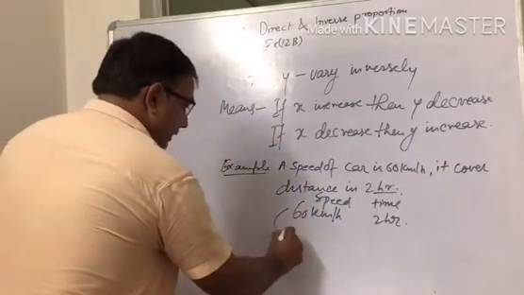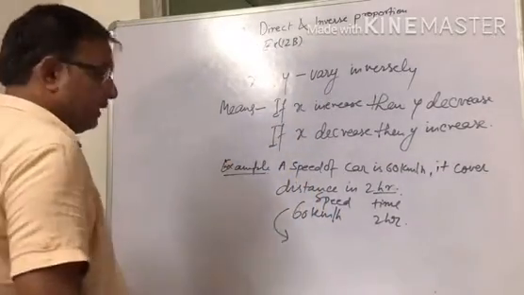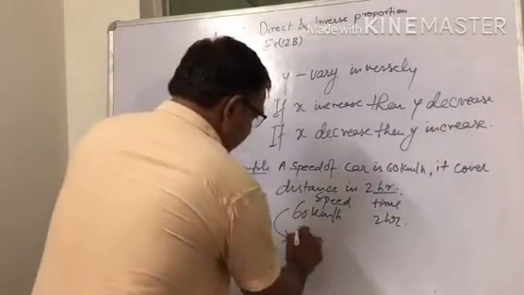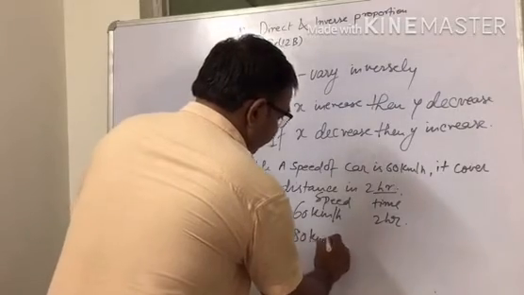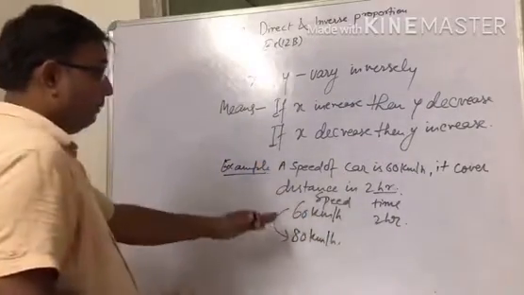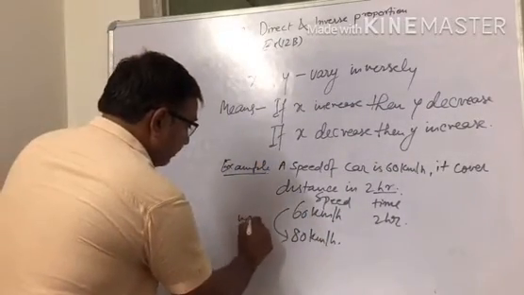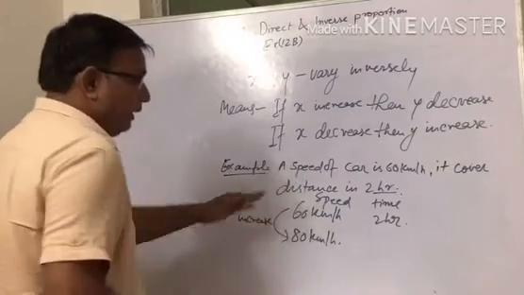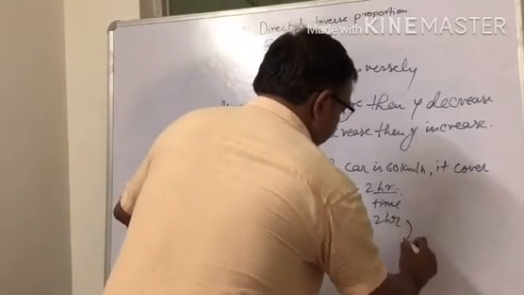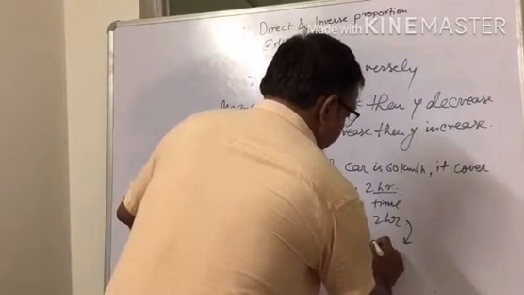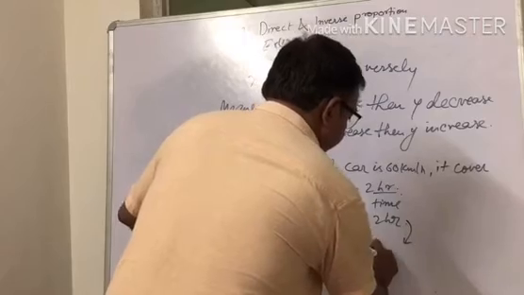If we increase the speed, suppose we increase the speed to 80 km per hour, that means this is the increase, then the time decreases.